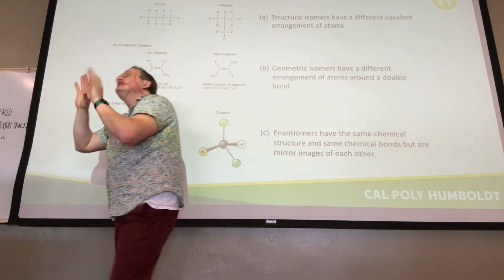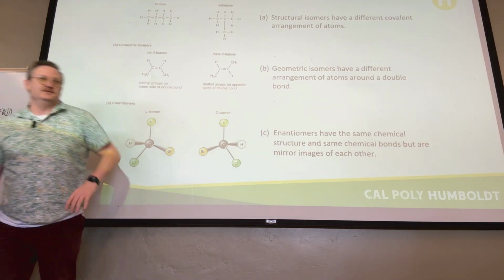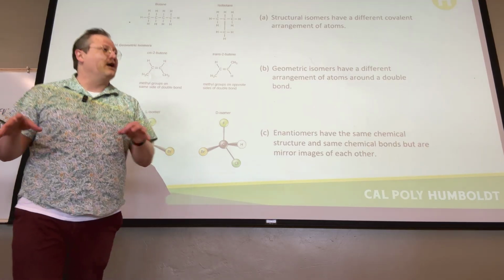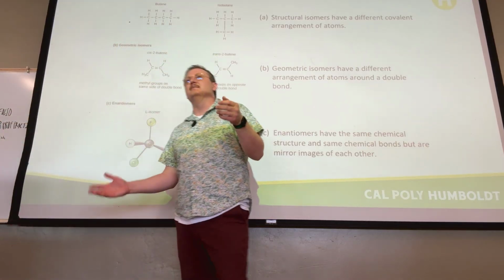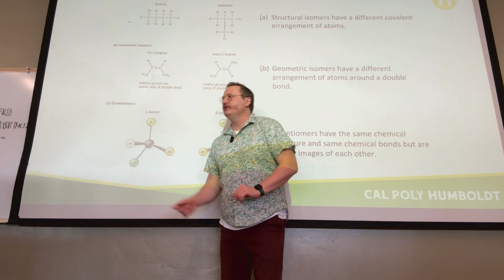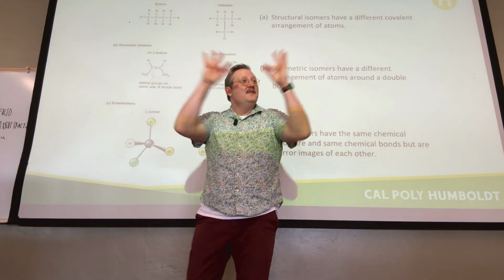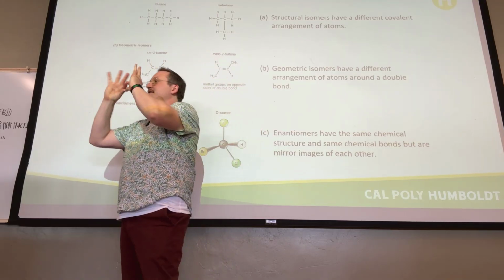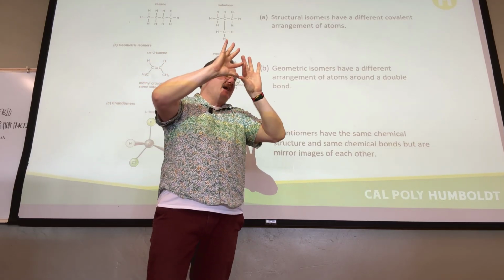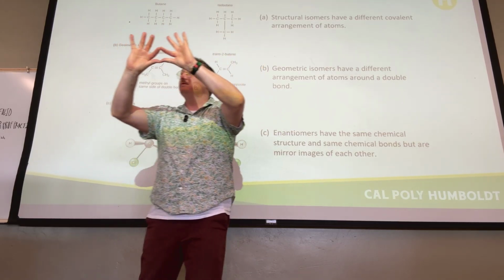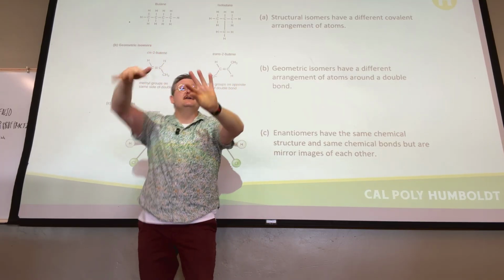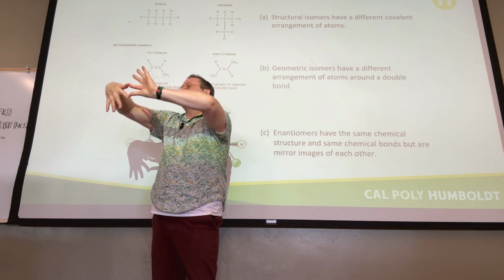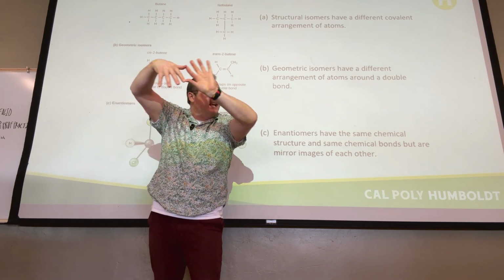But if you have a double bond in a molecule, so 2 electrons being shared between carbon atoms, or it's not always carbon, but if you have a double bond where 2 electrons are being shared, the bond is much more stable, and therefore the molecule can't freely rotate around it. So that means that this molecule here is actually different from this molecule right here, because it can't freely shift between the 2 states.